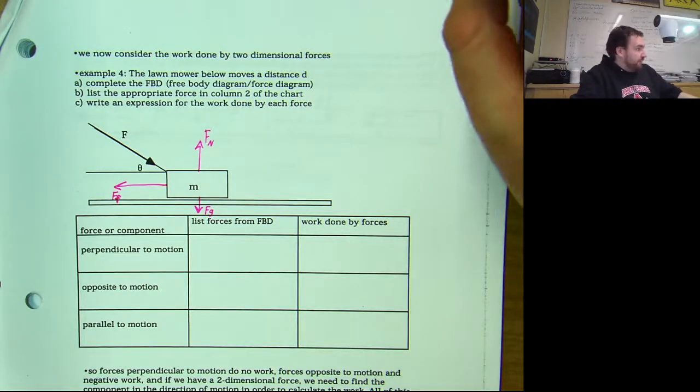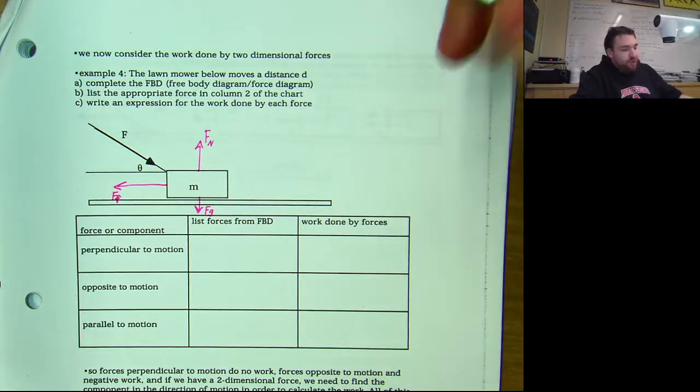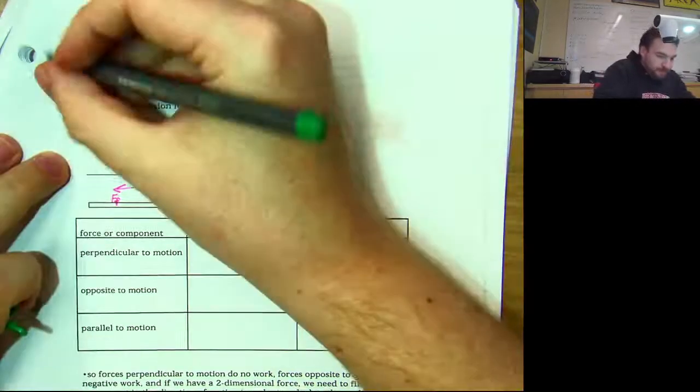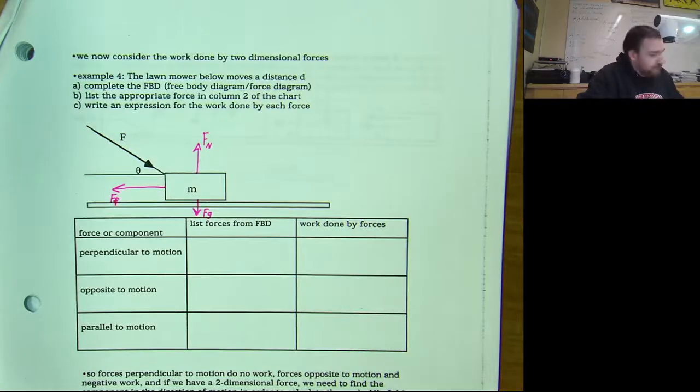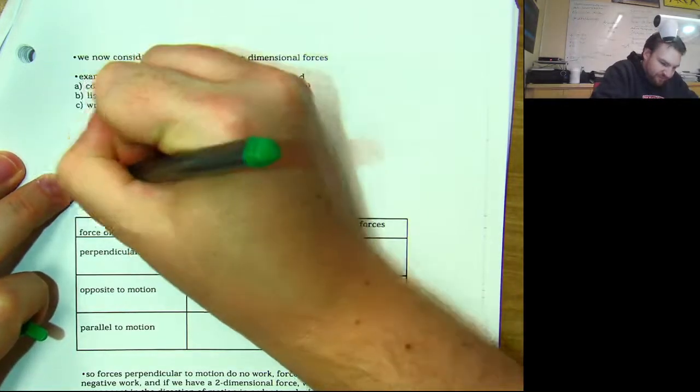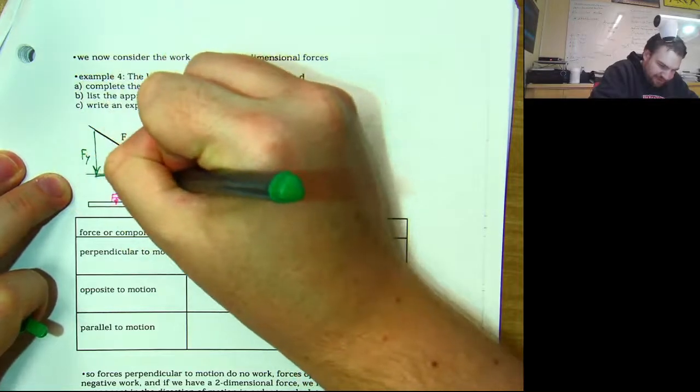Now we can start breaking up the forces that are acting at odd angles into components that are useful. So my force here is going to be broken up into what? So there's going to be an Fy downwards and an Fx to the right.